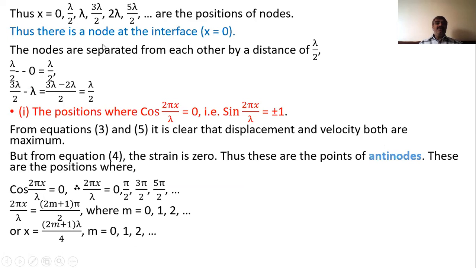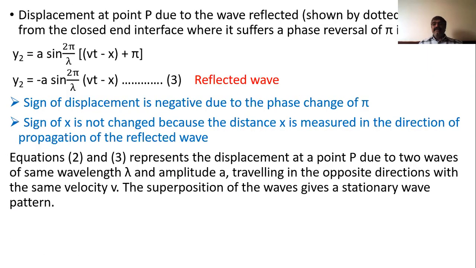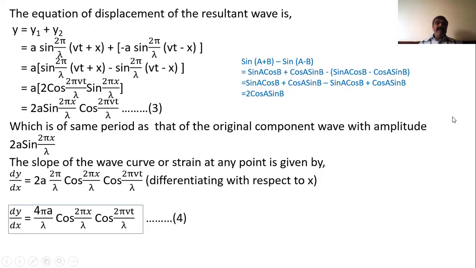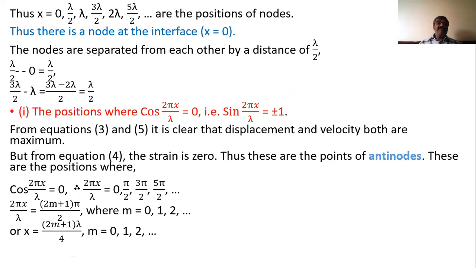And important to note that at the interface where the reflection has occurred, so at the closed end we have shown in the diagram as the xy interface, this is the closed end. Here you will find that at this end, that means at x equal to 0, we find a node.